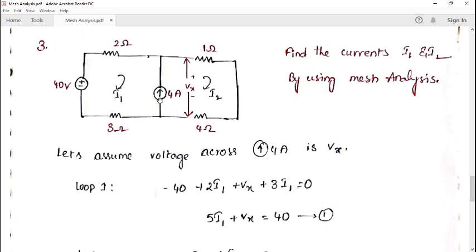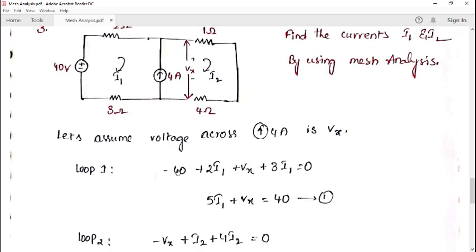It is very difficult to understand for beginners. So I am assuming imaginary voltage source Vx here to analyze mesh analysis. So let us assume voltage drop across the 4 ampere current source is Vx. This is imaginary. This was not given in the question. So we have assumed here to understand easily.